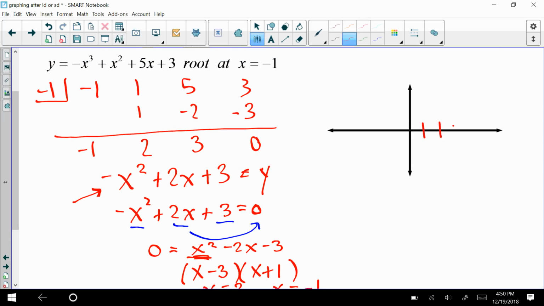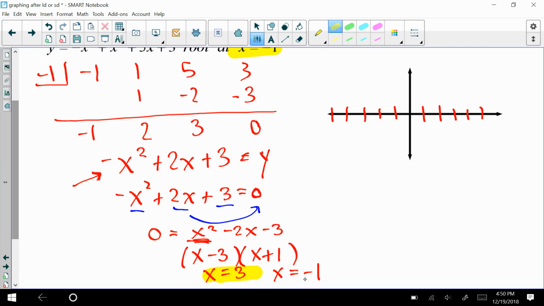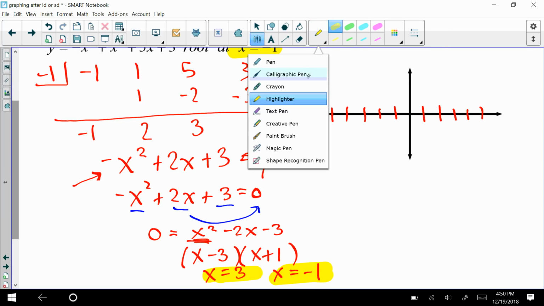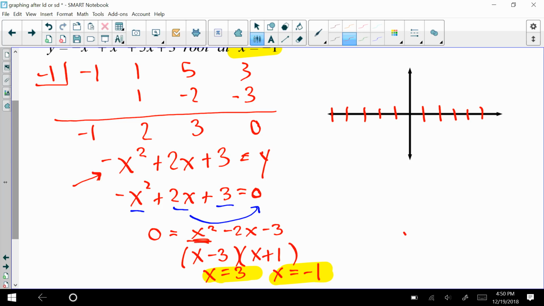So as I go through and I start thinking about graphing it, I have to check a couple of things. I have a root at x equals -1. I have a root at 3, and whoa, I have another root at x equals -1. And the fact that you have it twice tells you that you have a double root at x equals -1, and x equals 3 happens once, so that's a single root.